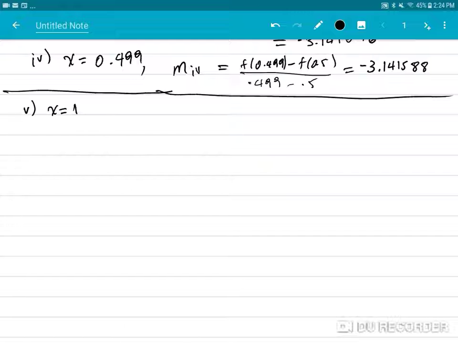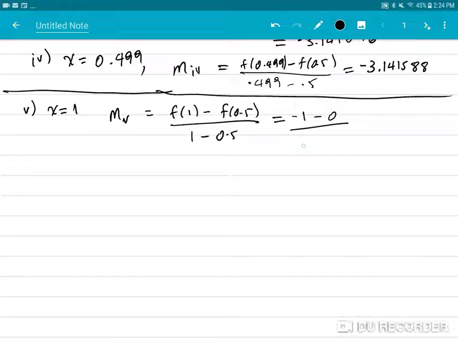And they want x equals 1, so f of 1 minus f of 0.5 over 1 minus 0.5. So that's cosine of pi, that's minus 1, minus 0 over 0.5. This is minus 2.